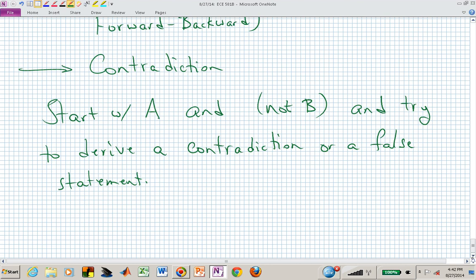Square root of 2 is equal to 1, for example. That's a false statement, I hope. And that would then say, oh, proof by contradiction. You started with A being true, started with the conclusion being false, and you derived a contradiction. Those two couldn't happen together. You couldn't go from A and show not B, basically.